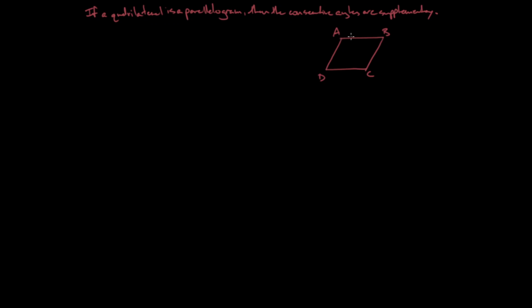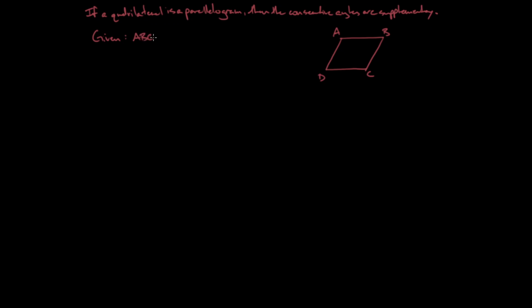For example, angle A and angle B would be consecutive angles, and B and C, and C and D, and D and A as well. And so what I want to do is prove that the consecutive angles are supplementary to each other. This might actually be our easiest property to prove about parallelograms, so we're just going to go ahead and knock it out.